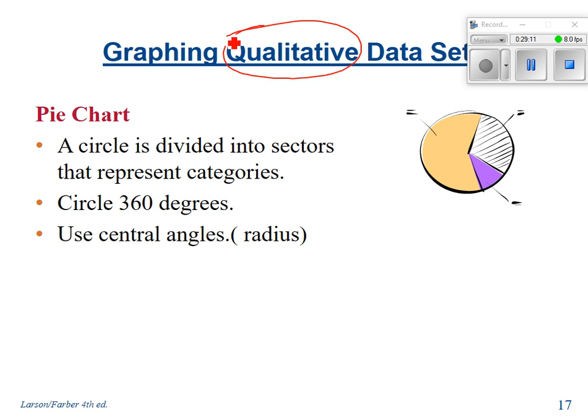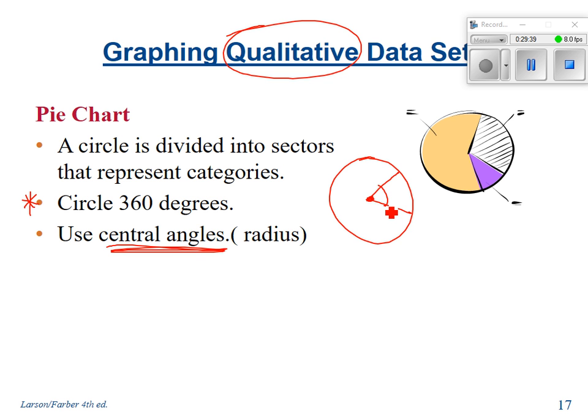It uses central angles. Don't forget, a circle is always 360 degrees. Everybody remembers central angles from geometry when you had me in geometry, right? Central angle, if I draw a circle, central angle is that angle right there. An angle that has its vertex at the center point of the circle.